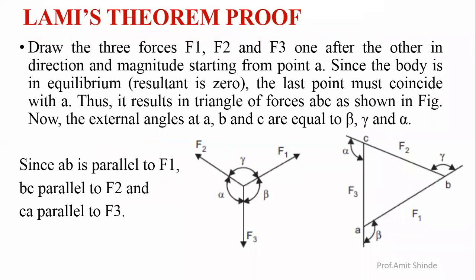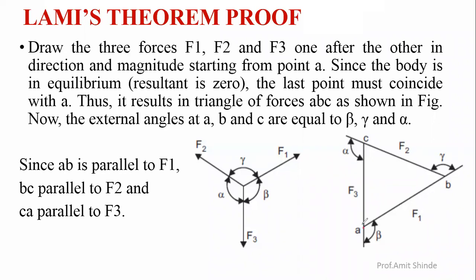Now considering this figure, let us take F1, F2, F3 as the three forces, and the angles made by these forces are alpha, beta and gamma. Now draw the three forces F1, F2, F3 one after another, in direction and magnitude, starting from point A. We call this a vector diagram.